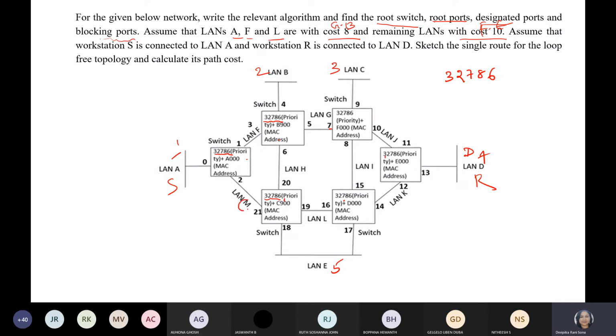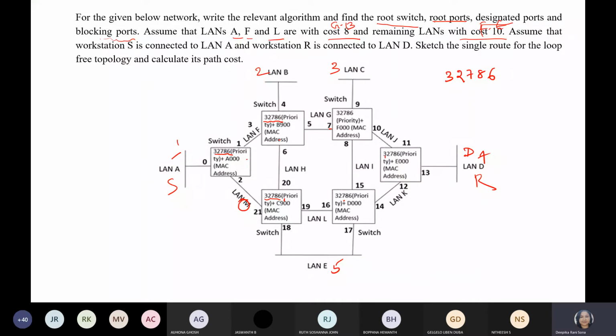What is the M position? Letter M. Yes, M position. How many LANs are there? 11.